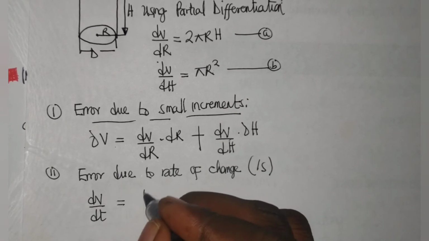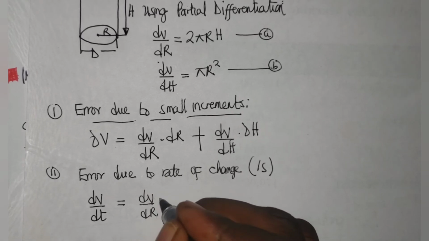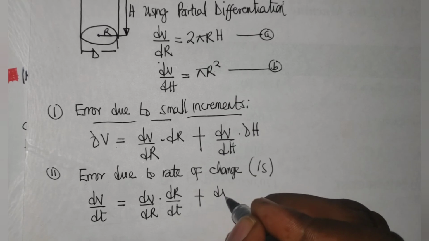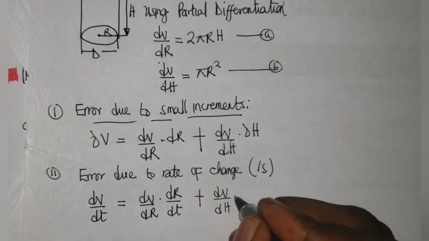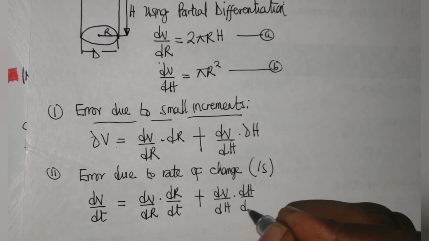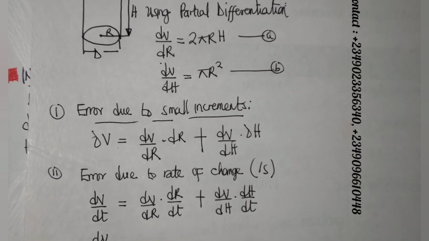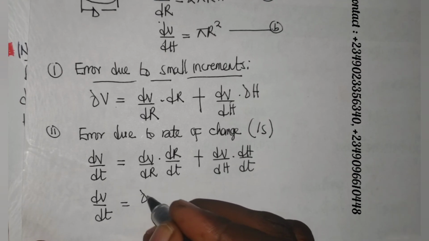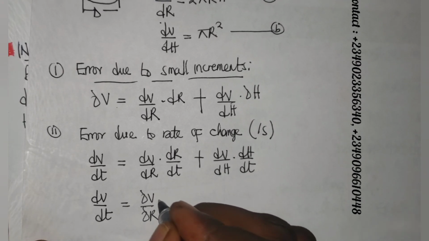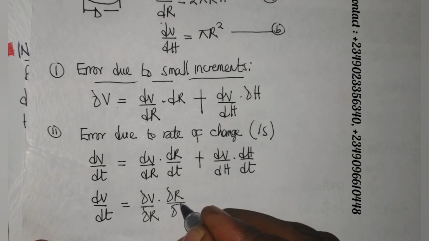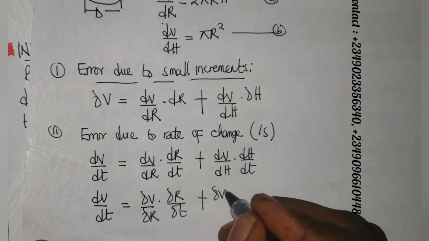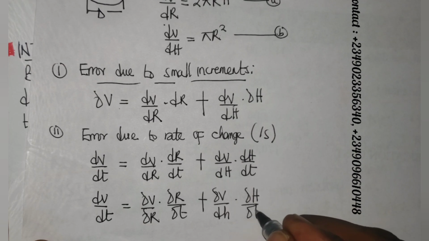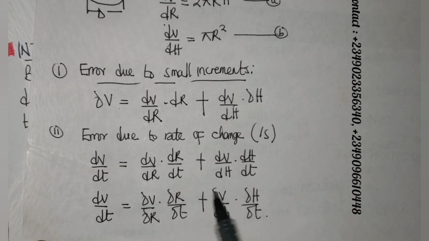So dV/dt is going to be dV over dr dot dr over dt plus dV over dh dot dh over dt. And similarly, this can still be written like this: dV over dr dot dr over dt plus dV over dh dot dh over dt. It is still the same thing. So this is what I'm going to be having.